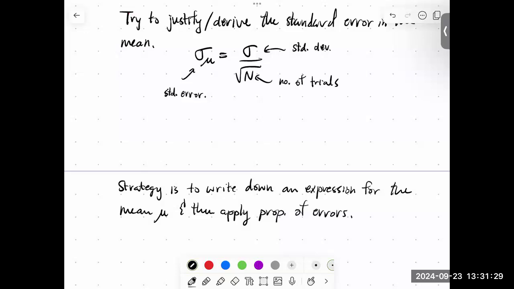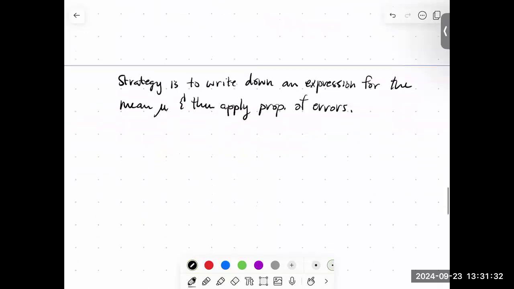We can do that. So mu is just 1 over n times the sum of all of our trials. And I'm going to write it this way just to make it explicit that we have these n terms in here.